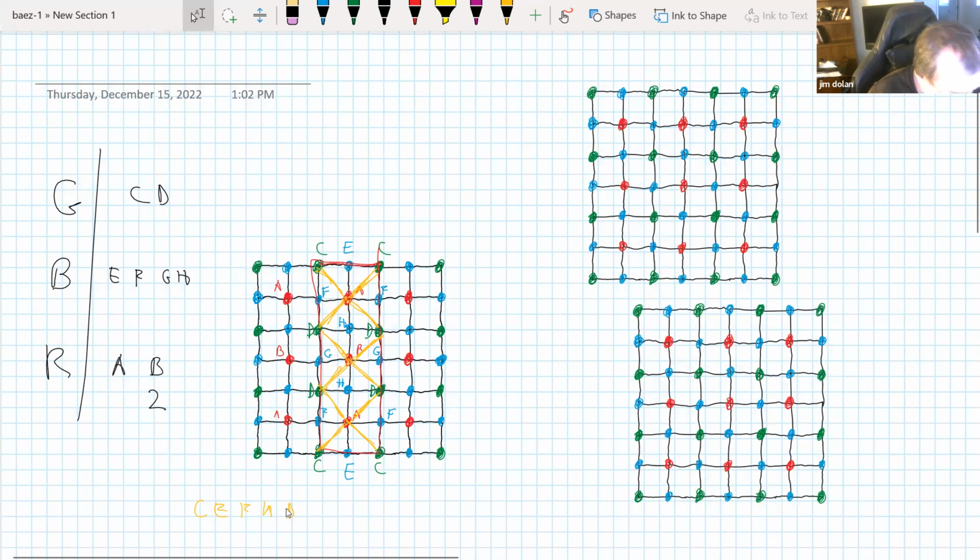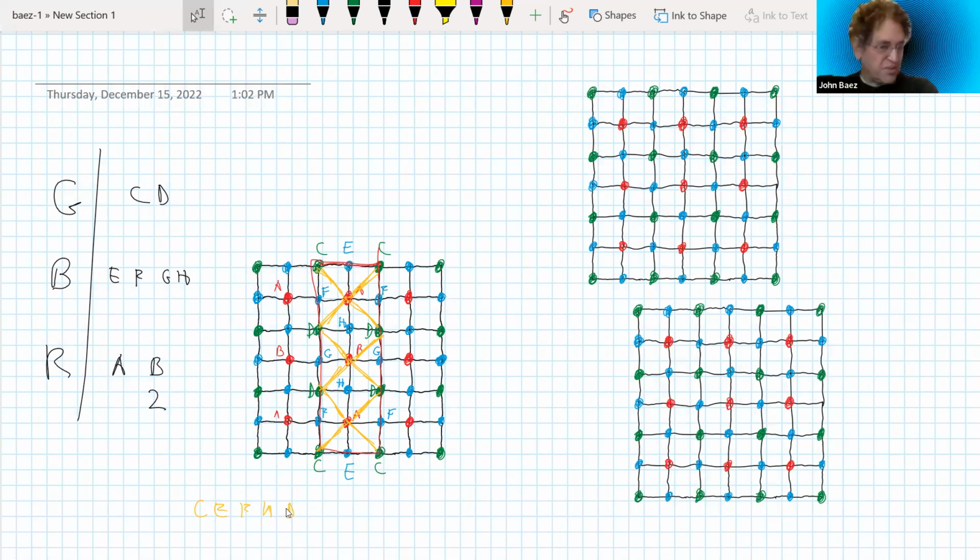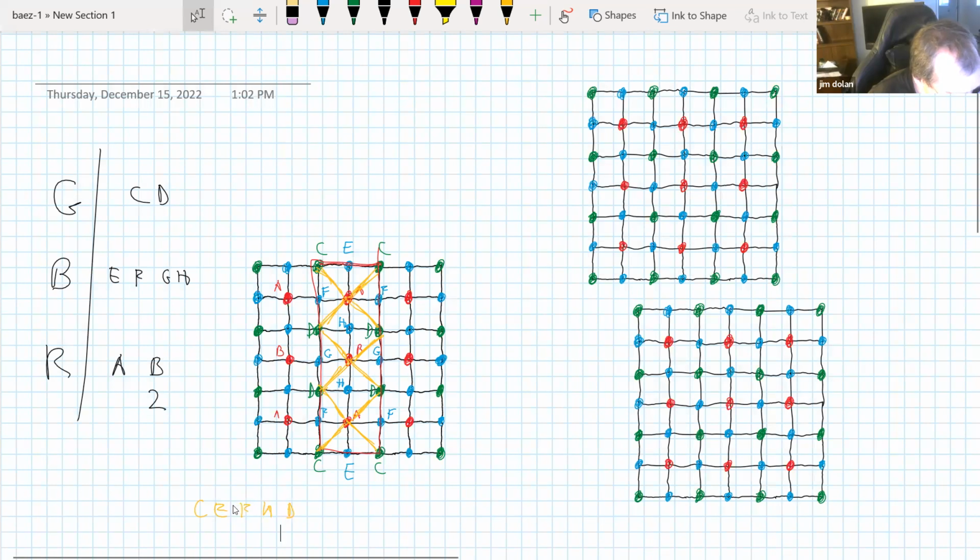I think that's what was confusing me, I guess. So A seems to have 2 different edges to F, for example. I'm hoping that's the only one that has 2 different edges, because it touches 5 of them, right? C, E, F, H, D. And you're saying it touches F twice.